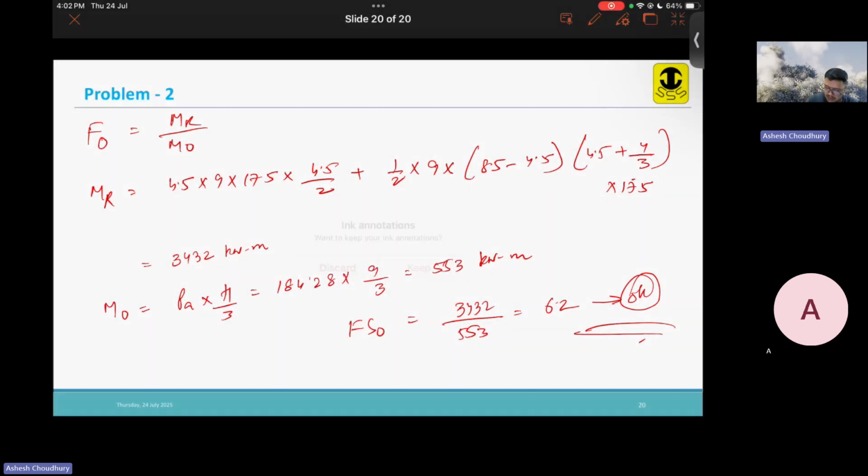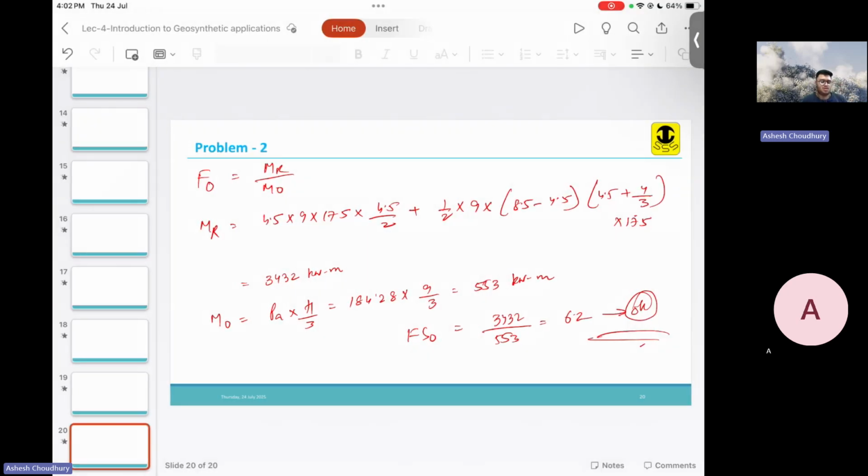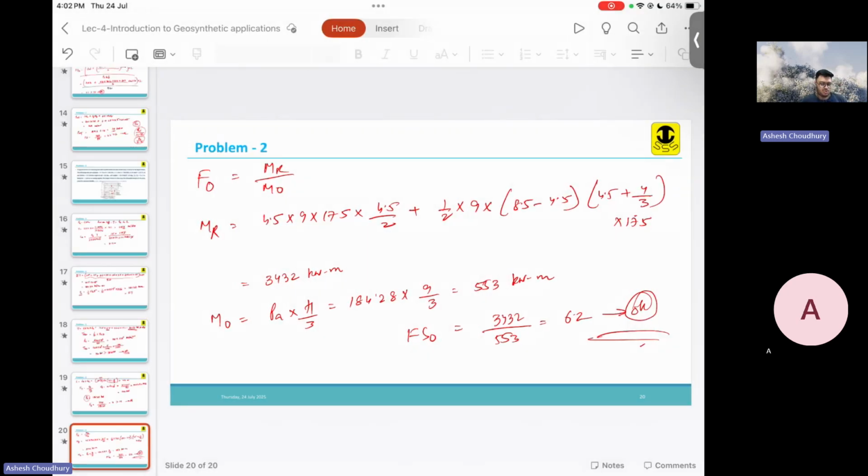So I hope you understood everything. In tomorrow's class, we will be solving one more problem related to this, the soil design.